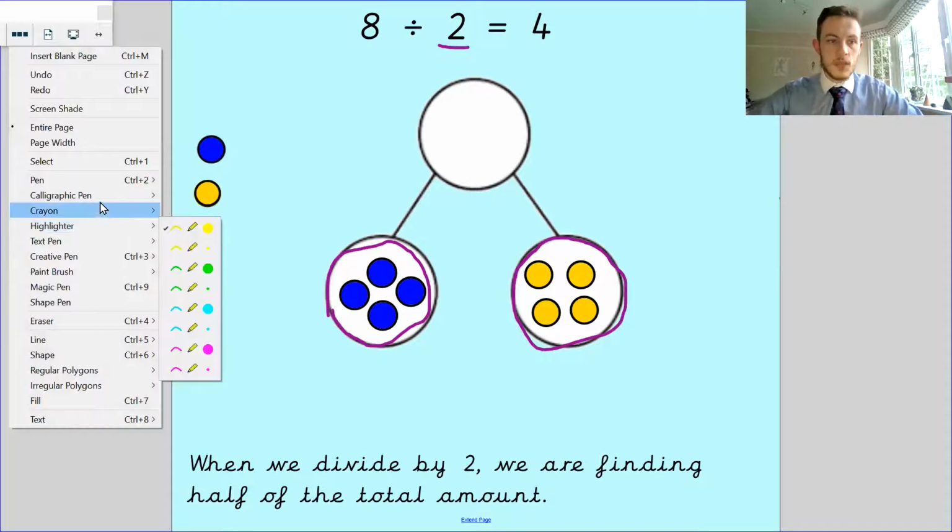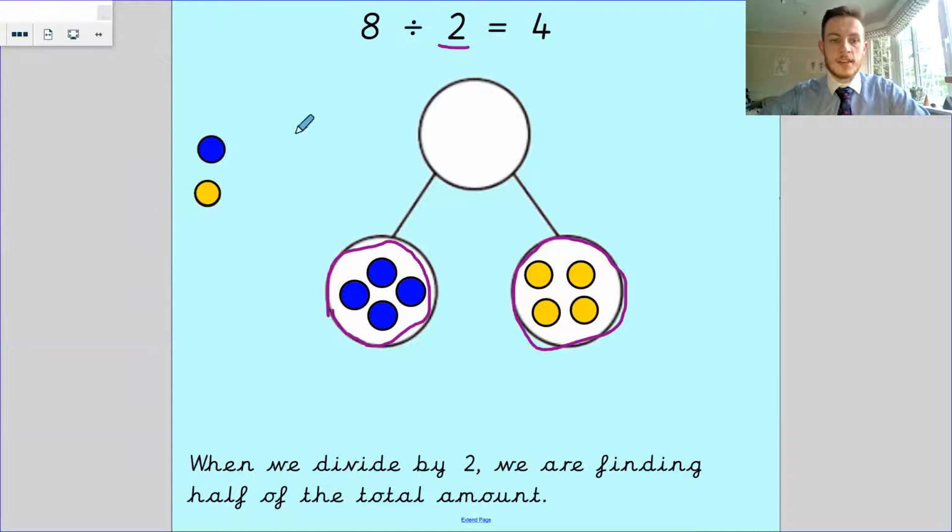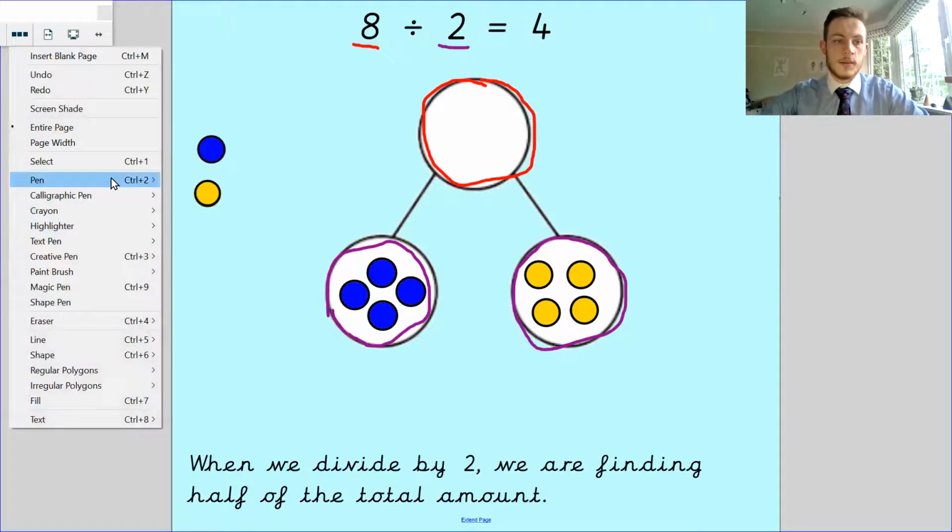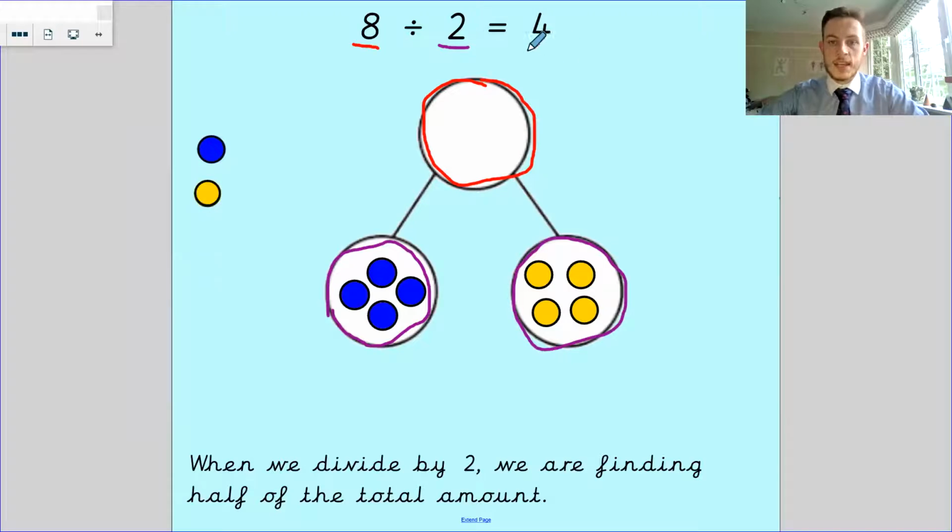So that's 1 group. That's another group. Now, what we're going to do is I need to find my whole. So my whole is this number in this circle. And my amount in each is 4. That's this. 1, 2, 3, 4.